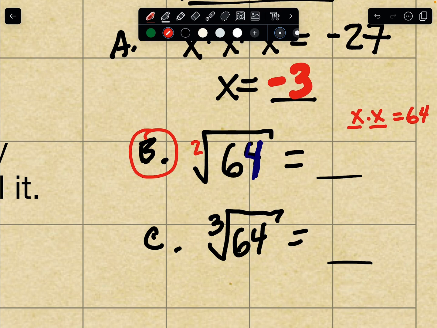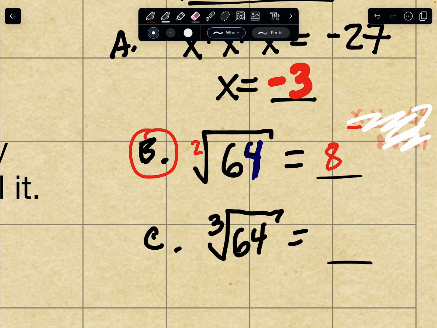And if you think about this, first of all, it's a positive 64, so it could be 7 times 7. No, that's 49. That's too small. 9 times 9. No, that's 81. That's too big. So 8 times 8 is 64. So my answer is 8. And again, your calculator will verify that.